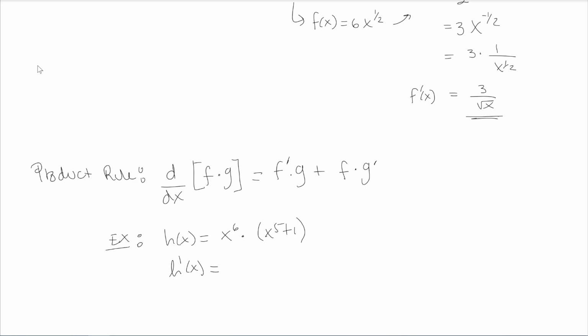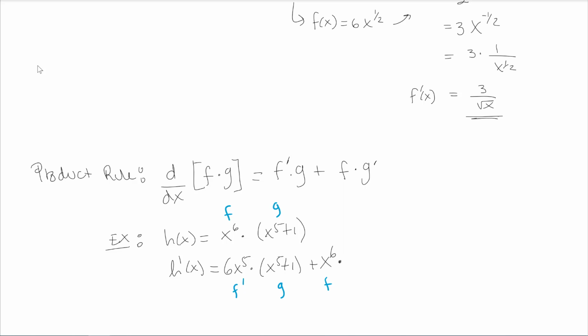So the product rule says the derivative of the first, so 6x to the 5th, times the second left alone, plus the first left alone, x to the 6th. You can think of this as your f and this is your g. So then this is f prime g, and then this is f, and now we're going to do g prime.